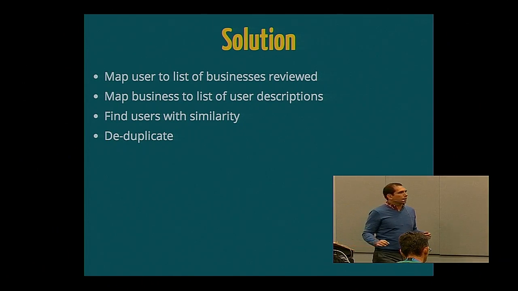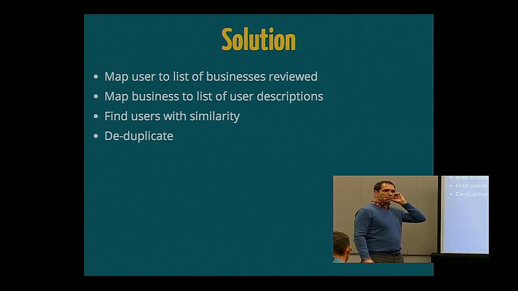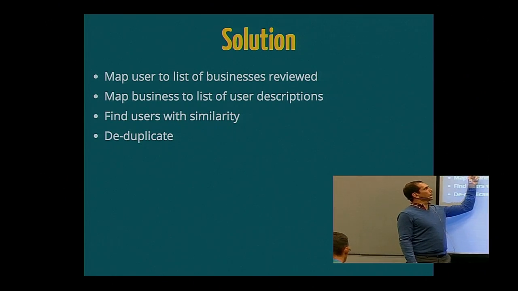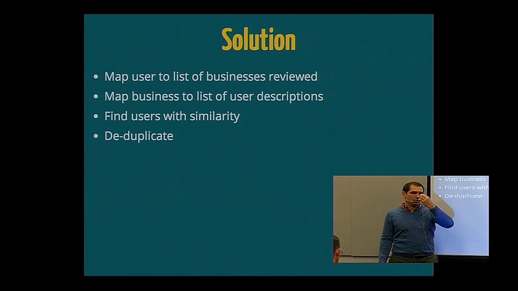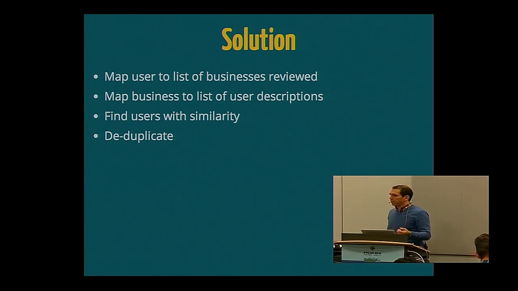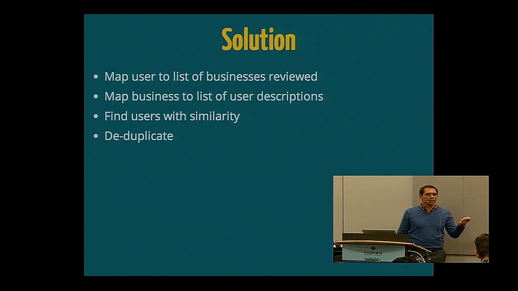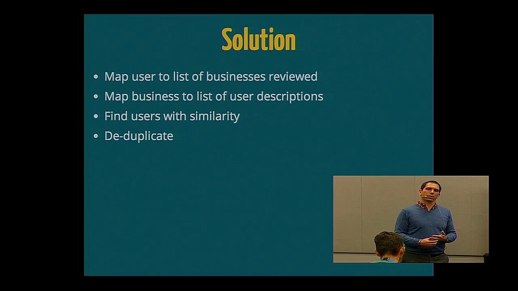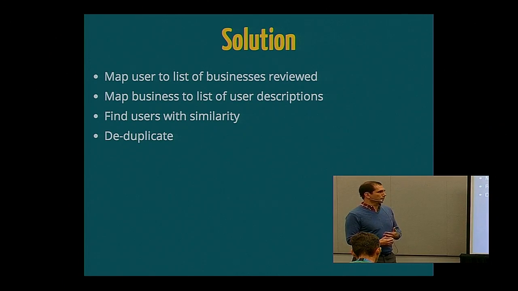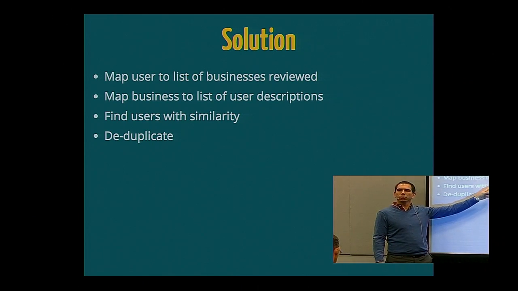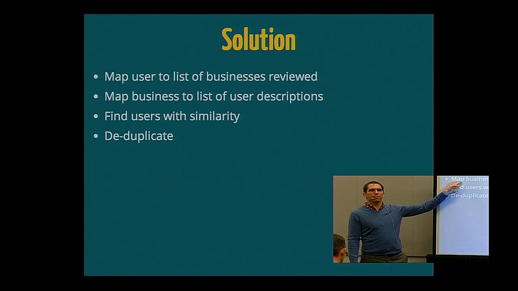So at a high level, we're going to look at each user and map the user to the list of businesses they reviewed. We extract the user and business, group together those users, and then have this user description that we talked about, the list of businesses. Then we map businesses to the list of users that have reviewed that business.